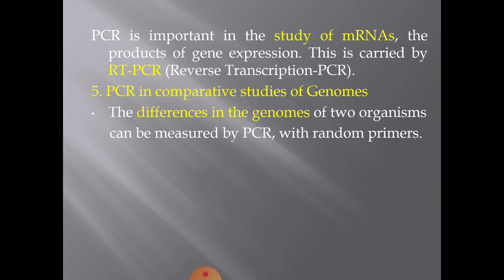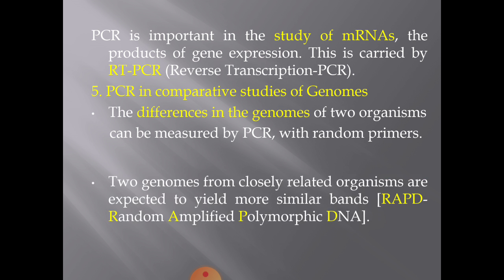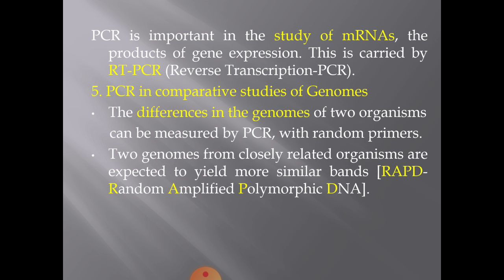PCR in comparative studies of genomes. The differences in the genomic component of two organisms can be measured by PCR with random primers. Okay, two genomes from closely related organisms are expected to yield more similar bands.